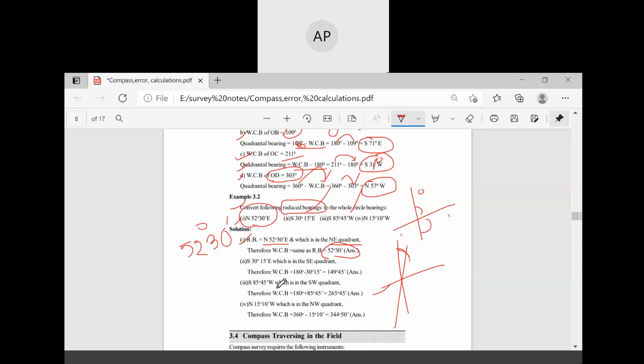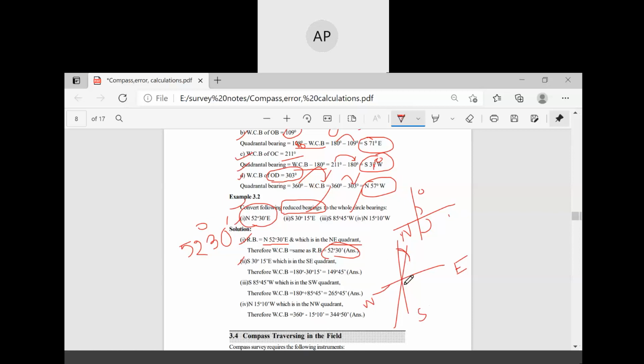Okay. And next is south 30 degree 15 minute east, which is in southeast. Let me draw southeast. You can start writing your enrollment IDs in chat box. Okay. Now this is your south and 30 degree.